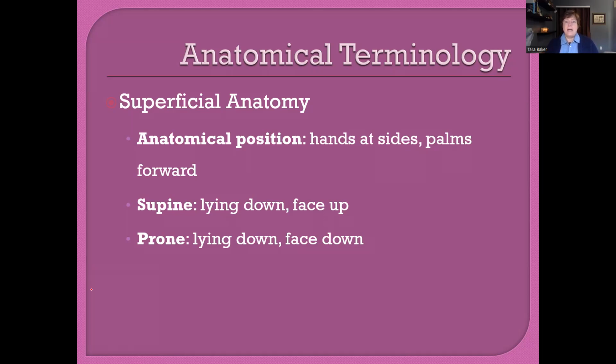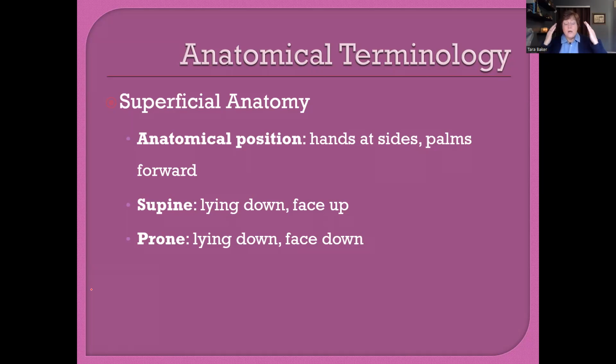And when we say supine, we're saying lying down, face up. Prone is lying down, face down. So every time you're thinking about, is this on the left or the right side of this body? Is this on the front side or the back side of this body? You need to understand that we're talking about a body with palms facing forward and laying down.